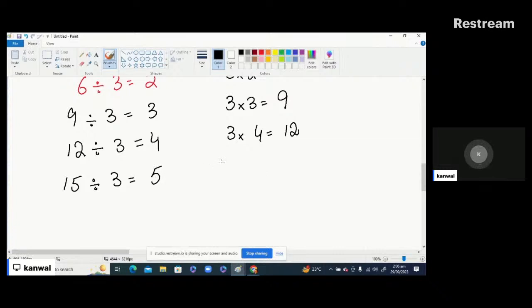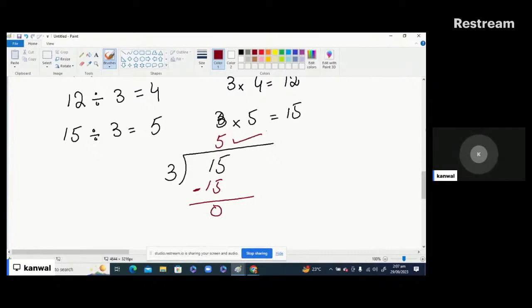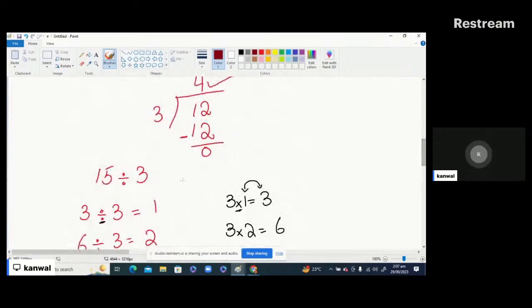So here you're going to write 3 times 5 is 15. Yes, good. 3 times 5. So here you put 15, then here you put 3, then 3 times 5 is 15. Now when you subtract, you get the answer 0. So what's the answer when you divide 15 over 3? You get the answer 5.